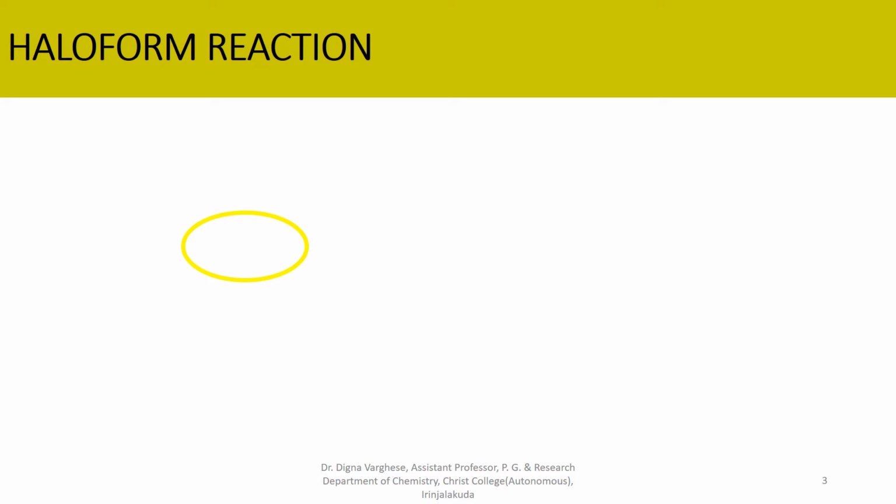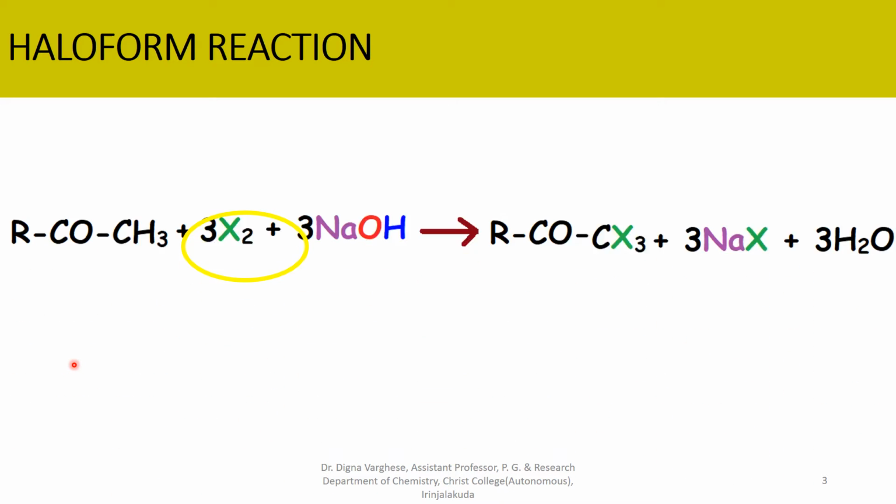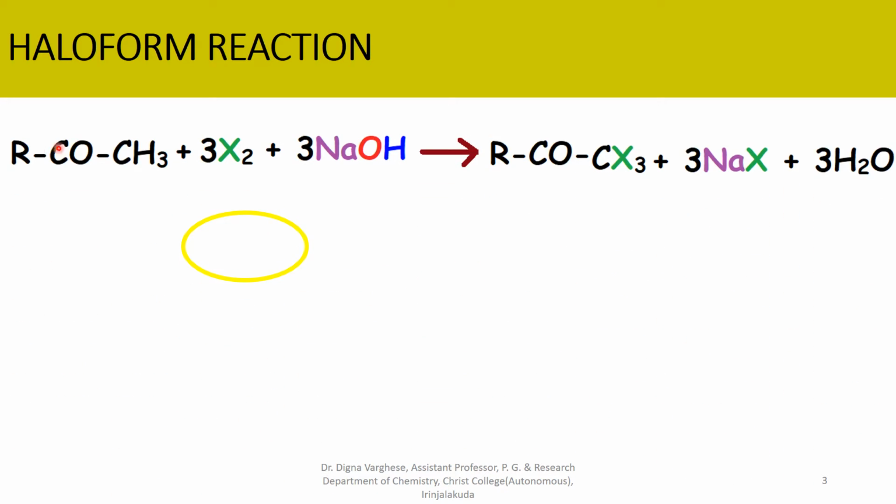Now we are going to discuss the haloform reaction in detail. Here you can see a general representation of the haloform reaction. A methyl ketone reacts with halogen in the presence of alkali, that is sodium hydroxide, forming a trihalo compound with sodium halide and water.